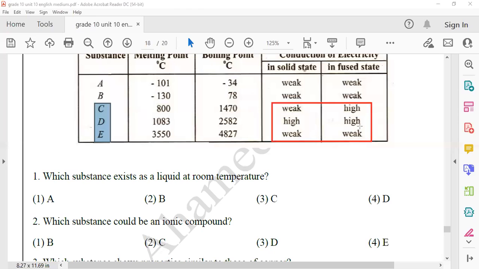In electric conduction, regarding ionic compounds, under these two states, which description fits? C. How many of you agree with C?